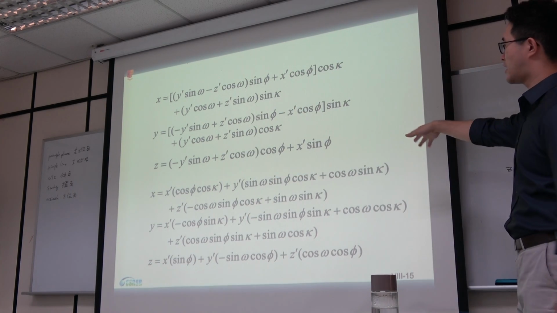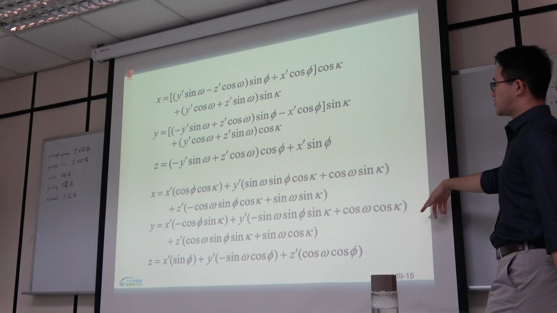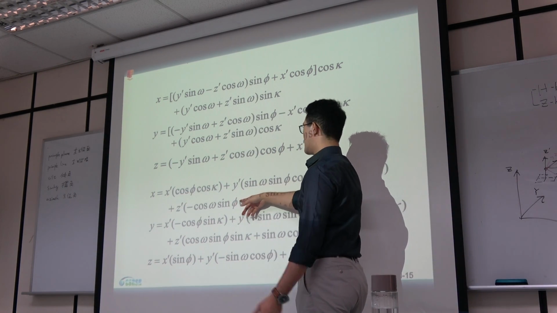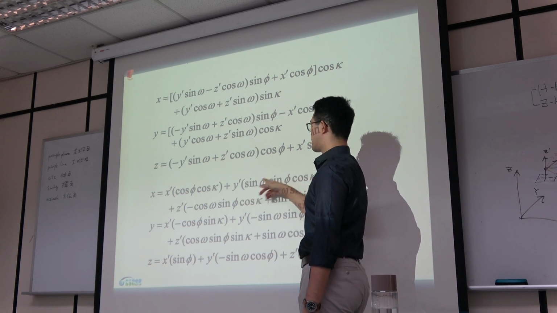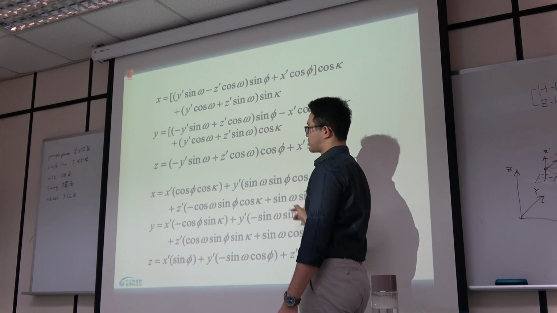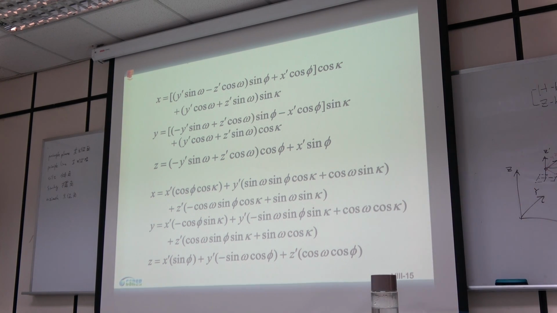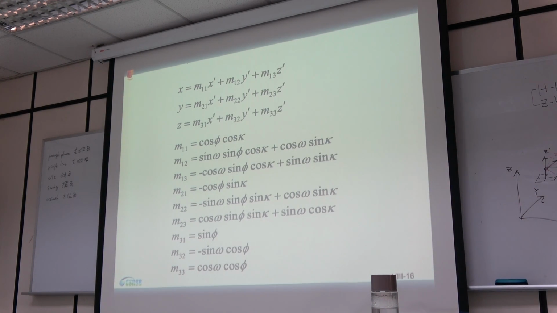And after you move some terms around, then you have x equals x1 multiplied by something, plus y1 multiplied by something, plus z1 multiplied by something, and so on and so forth. So this becomes the rotation matrix.